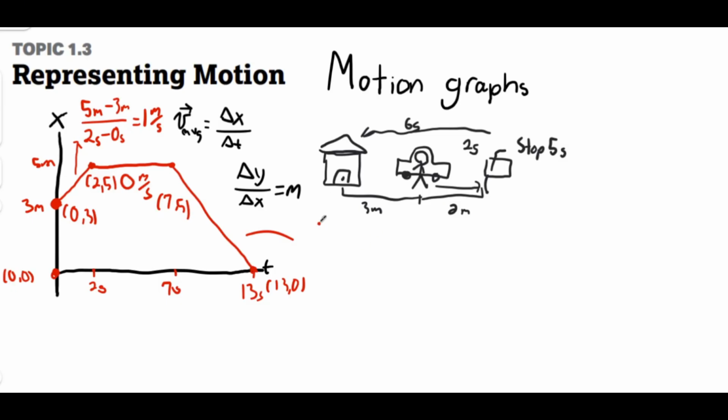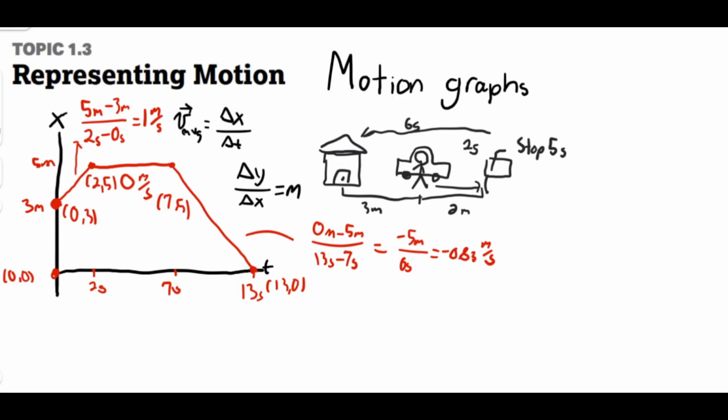So that's 0 meters minus 5 meters over 13 seconds minus 7 seconds, which is going to be negative 5 meters over 6 seconds. This is going to be negative 0.83 meters per second. If you look, it's negative, because if we define positive to be going away from the house, we're coming back towards the house, which means that we're going in the negative direction.